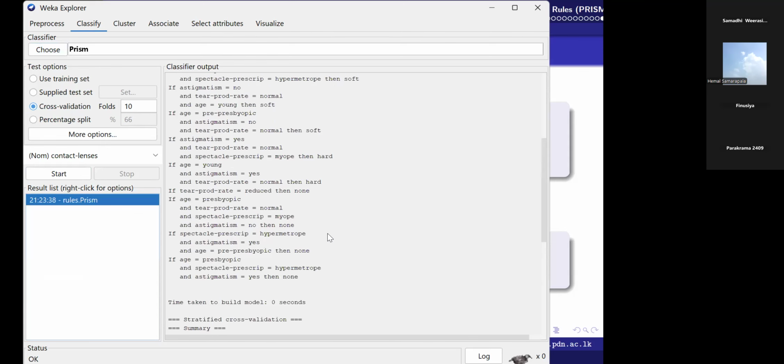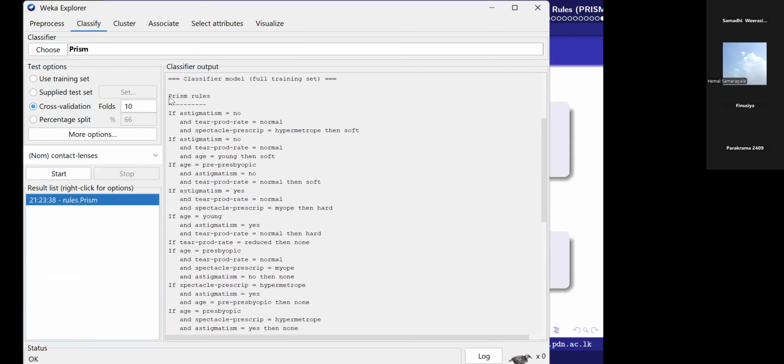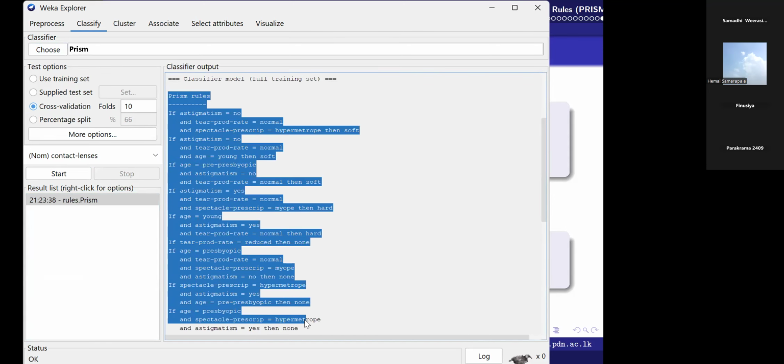If you go here, these are the rules generated. These are the rules for all the 4 classes. You can see the first one for soft, hard, and then hard, normal. Then none, and then none and none.